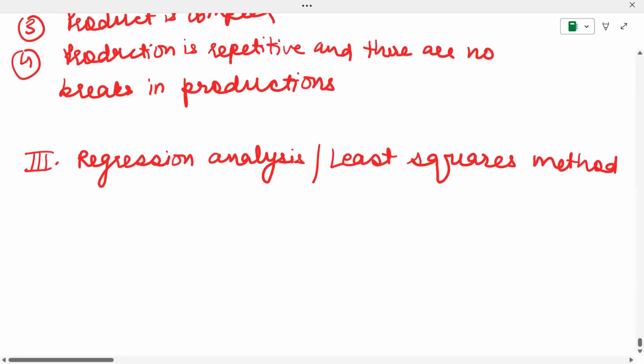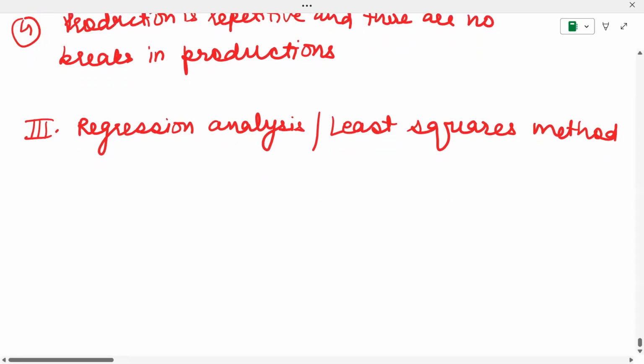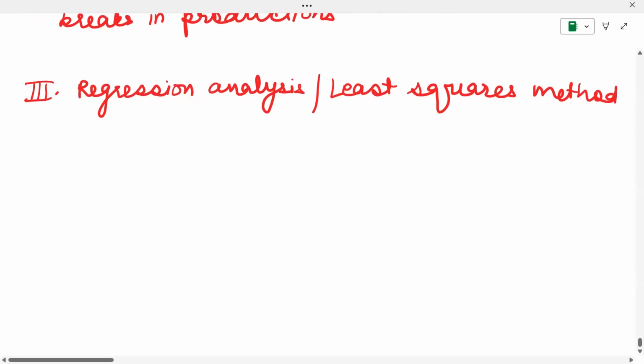Under regression analysis, the regression line of y on x is used where you estimate y, which is your dependent variable, required for a given value of x, which is the independent variable.